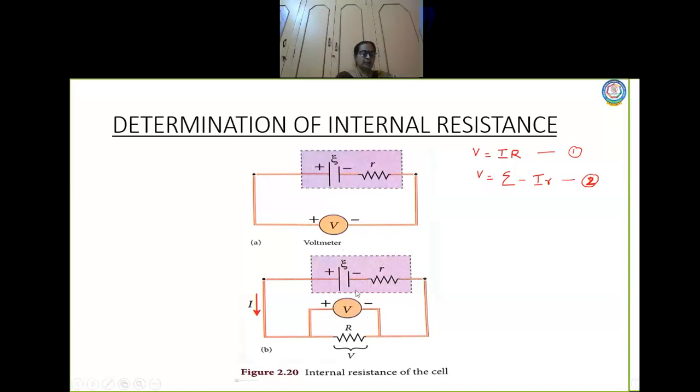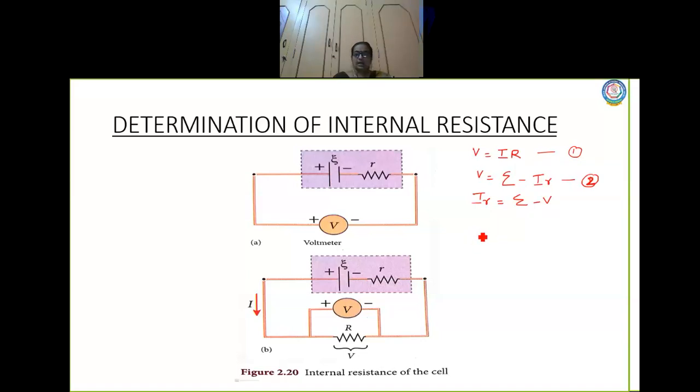So, now I am going to divide the equations. I have taken them as 1 and 2. So, divide 2 by 1. I can also write this equation as, bring IR to the left side, children. So, IR will be psi minus V. Now divide 2 by 1.